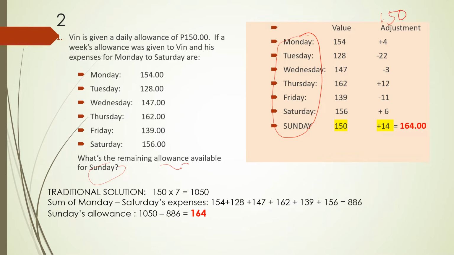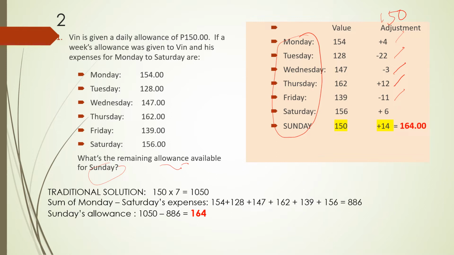So 154 will be 150 plus 4. 128 will be 150 minus 22. 147 will be 150 minus 3. 162 will be 150 plus 12, and 139 is 150 minus 11, and 156 will be 150 plus 6.